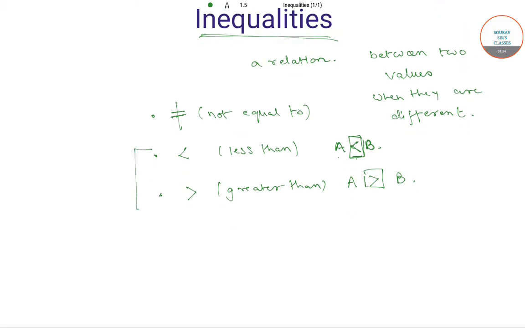Now these two inequalities are strict inequalities. So when this symbol is written between A and B, we can say that A is strictly less than B. Similarly, here we can say that A is strictly greater than B. So these two are strict inequalities.